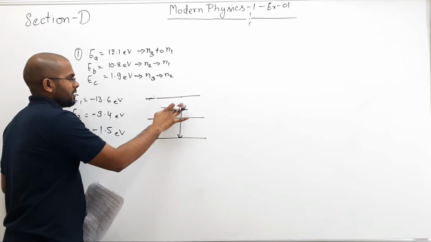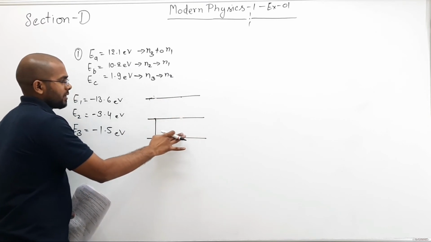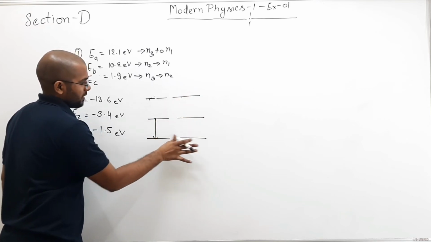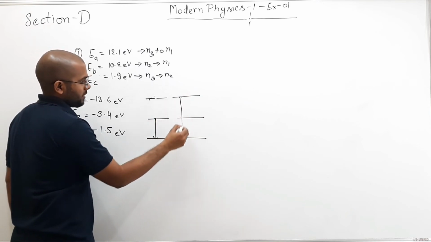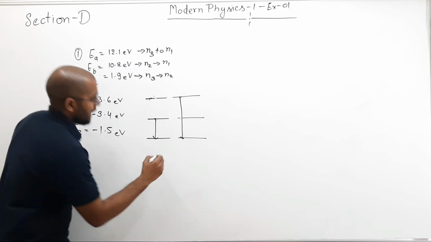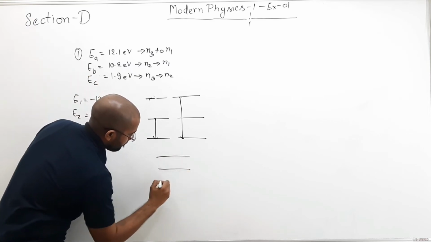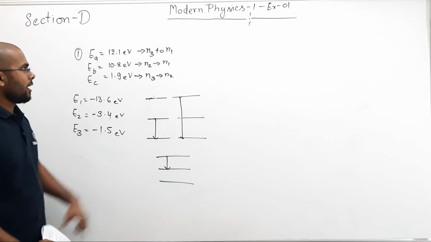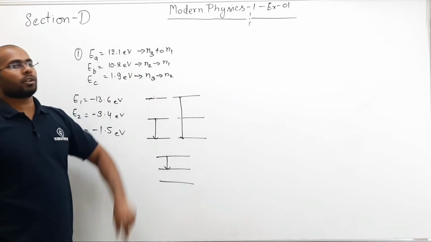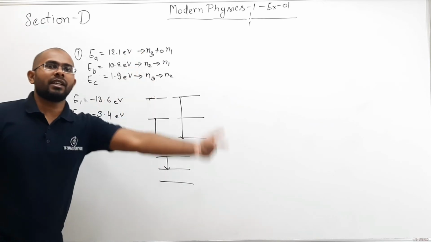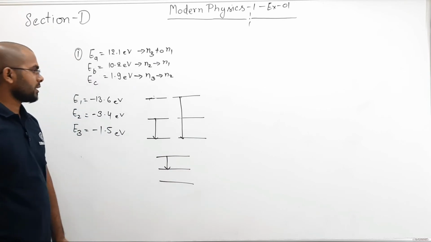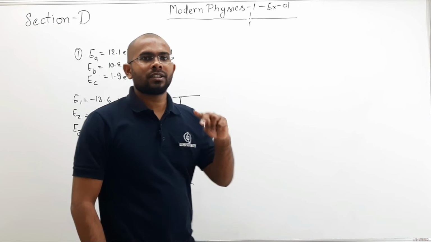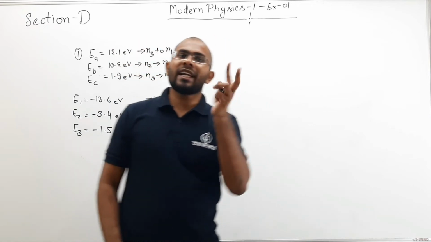Let us say one electron jumps like this, another jumps like this, and the third one jumps like this. So it is possible that all the 3 photons are emitted by 3 atoms. So here either 2 atoms or 3 atoms are required, but 1 atom cannot do it.